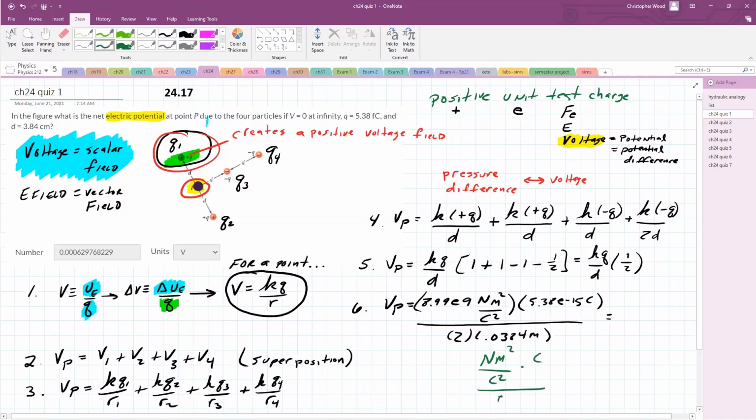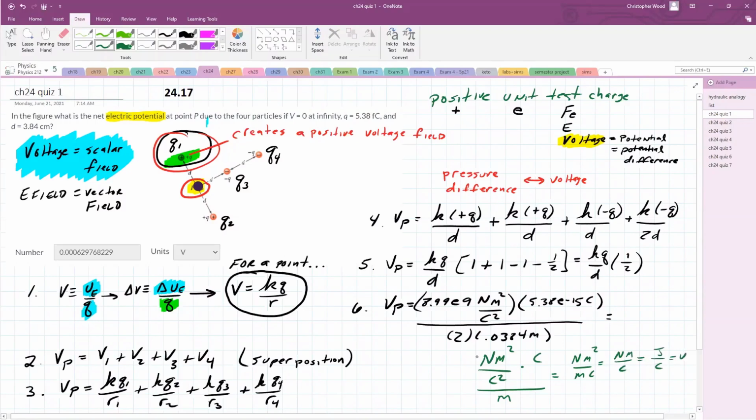In the denominator, I have meters. I'll just go in piecemeal fashion. Newton meters squared over meters coulombs equals a newton meter per coulomb equals a joule per coulomb equals a volt.